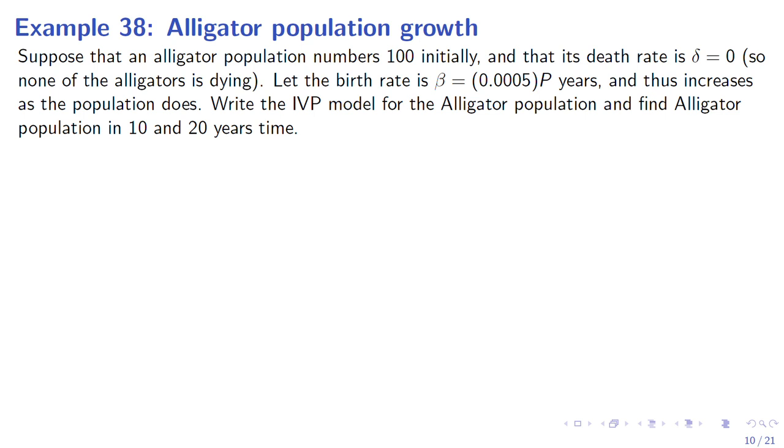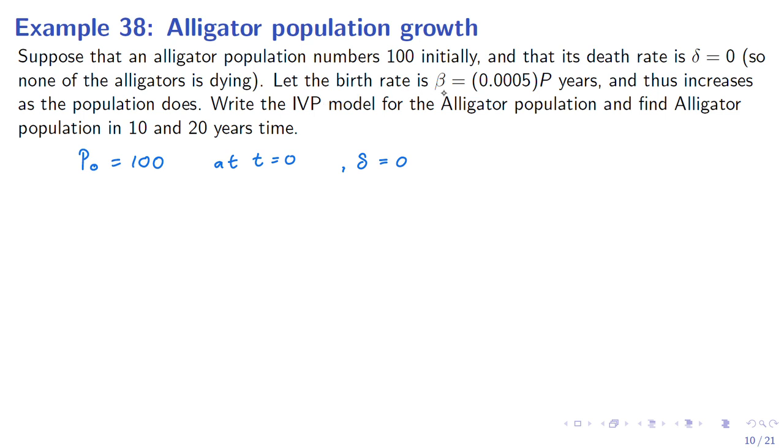Okay, let's do a simple example. Suppose that an alligator population numbers 100 initially. Let's note down the information. We know it is 100 initially, or P at t equals 0. And that its death rate is 0. So death rate, no one is dying. Wow, such an alligator population.